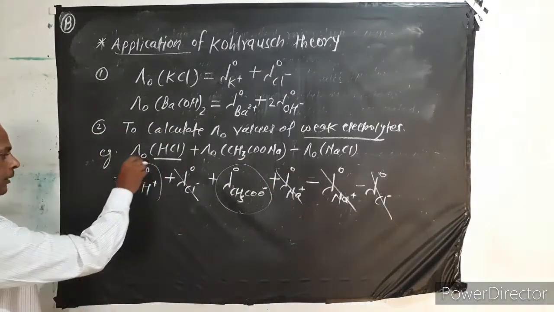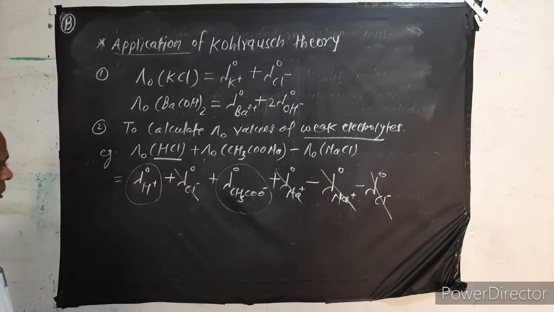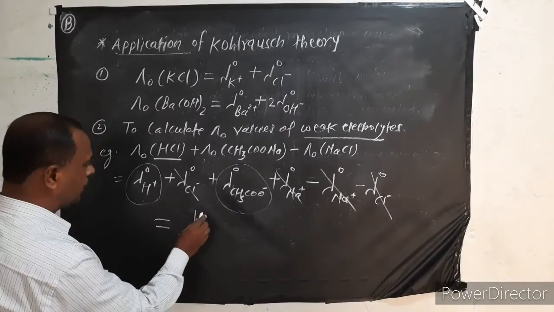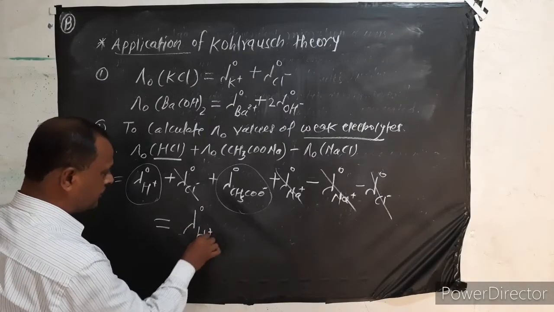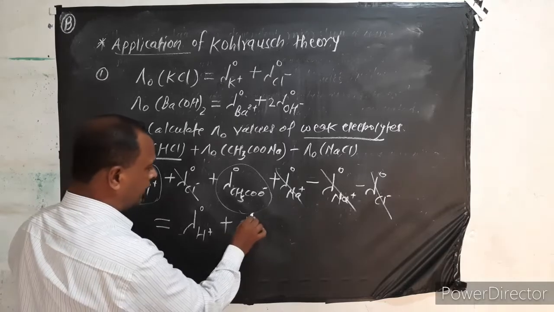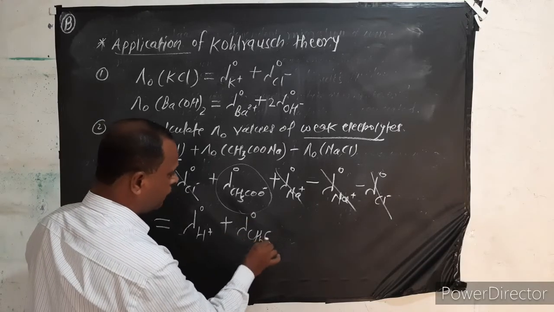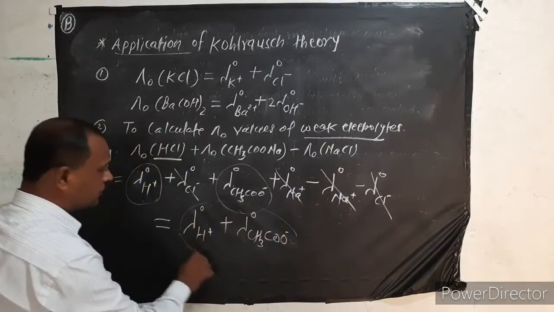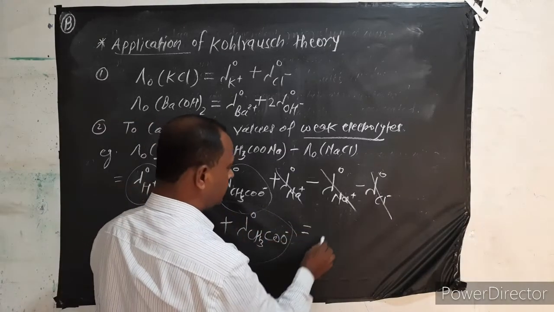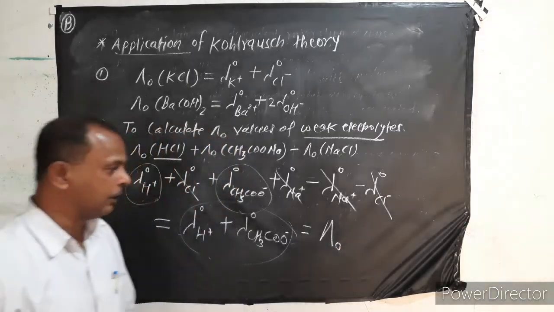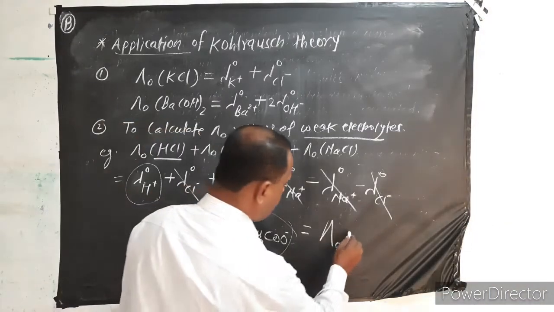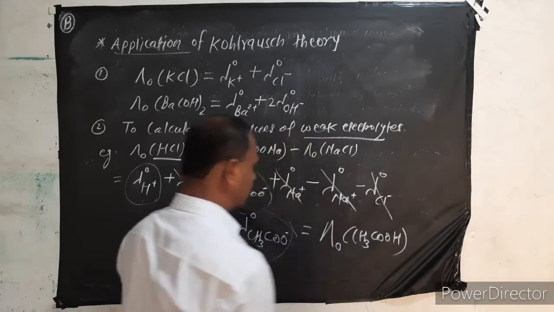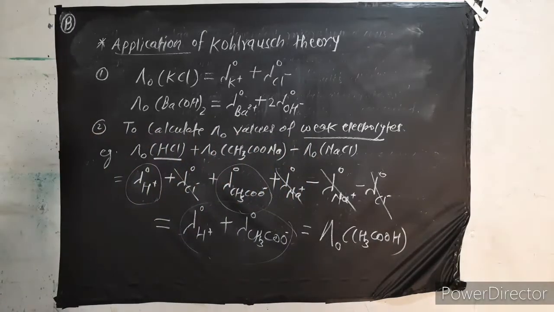The molar conductivity at zero concentration of this cation and this anion, H plus and CH3COO minus, and the sum of these two is nothing but the molar conductivity at zero concentration of CH3COOH. It is a weak acid.